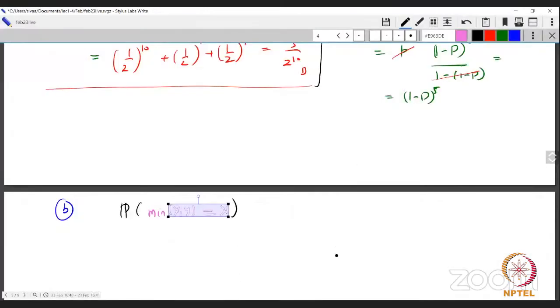What someone just said, that for the minimum to happen, y has to be always bigger than or equal to x. Otherwise, you never get this. Right, this is what you get.